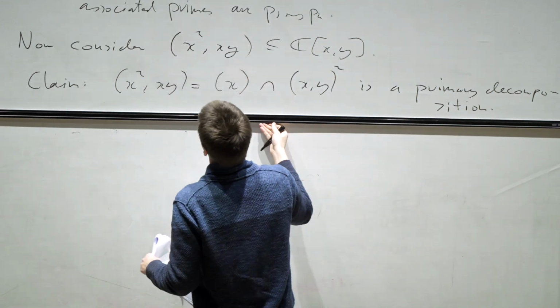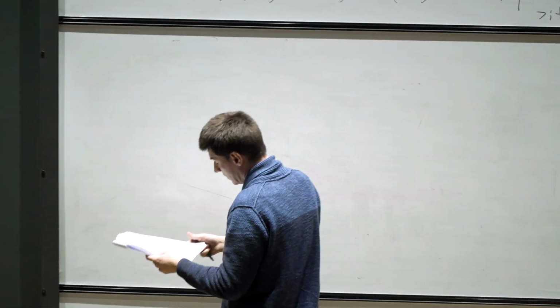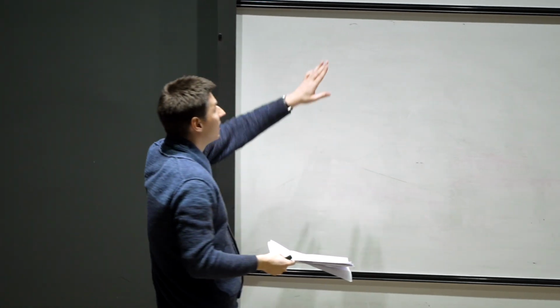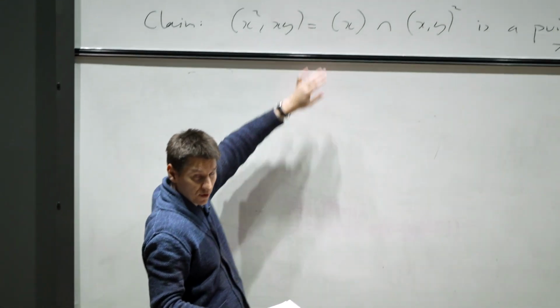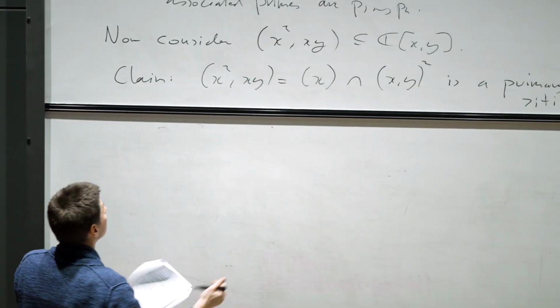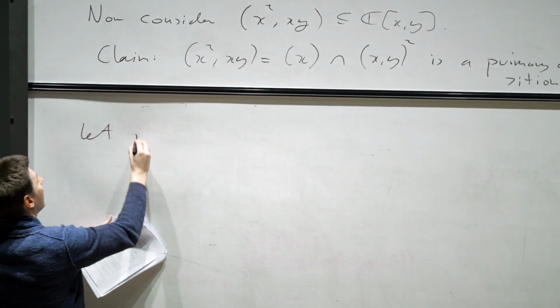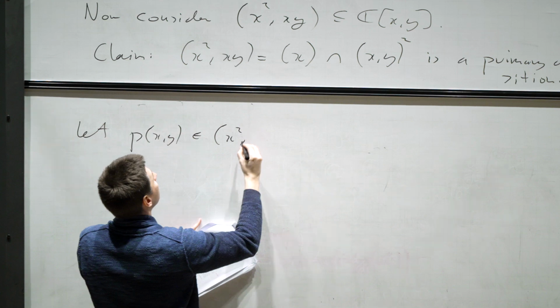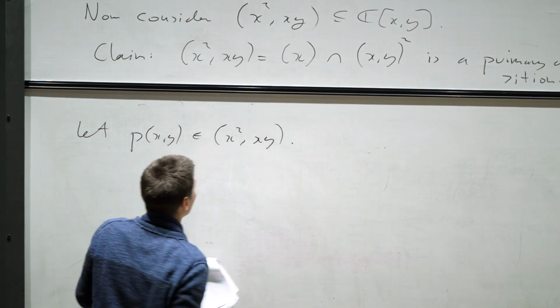Okay, so let's try to work it out. There are things to check. First of all, we have to check that this equality holds. So let's do that. If we have some polynomial p inside here, what does it mean?